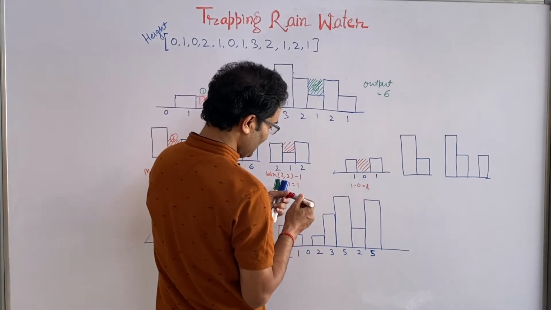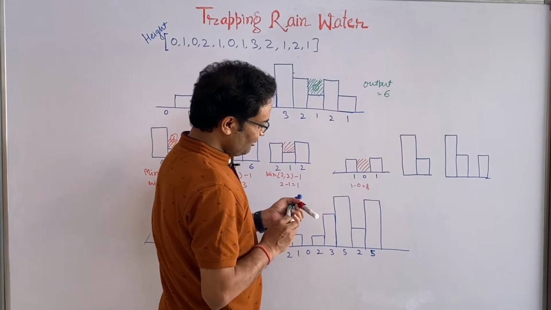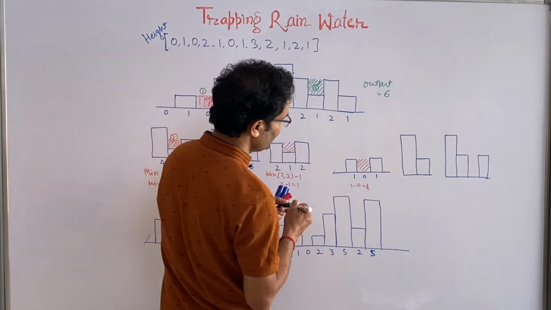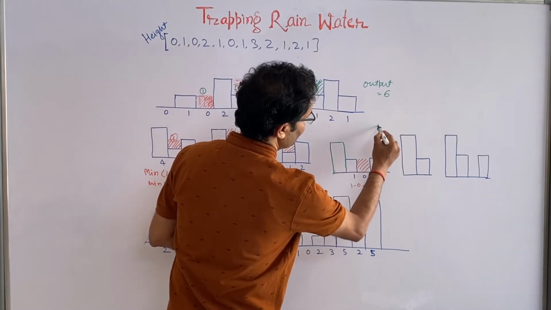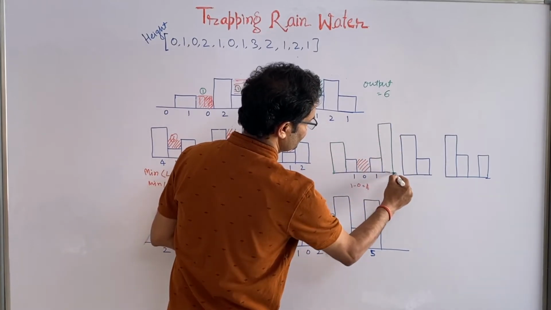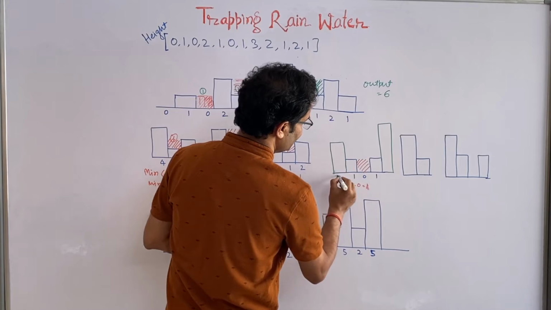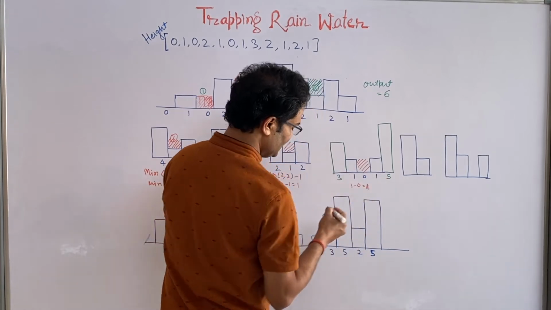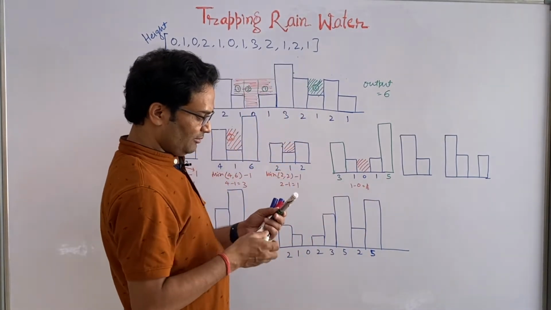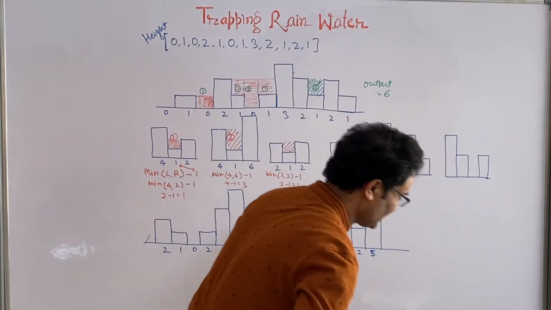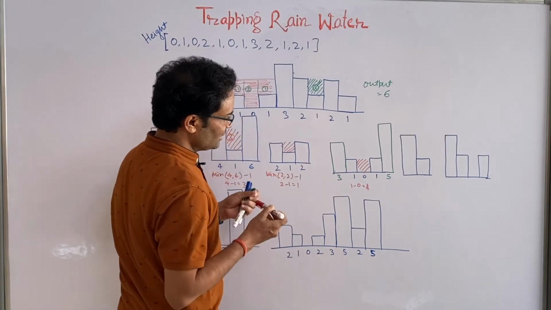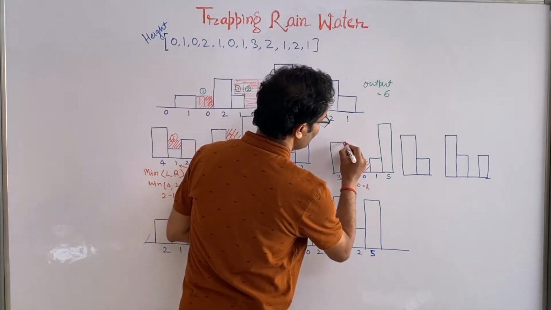Suppose you have another building here, and another building here, and this height is 3, this height is 5, then the amount of water would be different. The amount of water you can see here, now you can consume up to here, right?